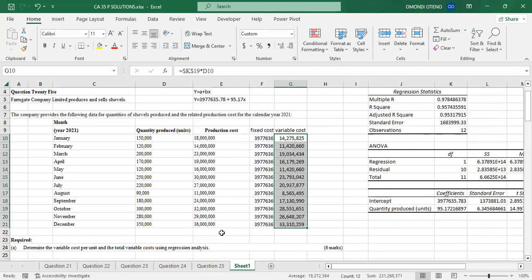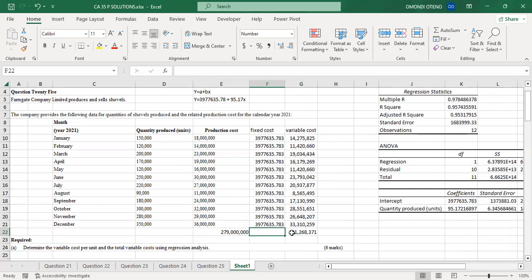So if you want to get the totals down here, I can also just go ahead and get it. I simply highlight this and say alt equal. So that is the total variable cost of producing these goods for the whole of that year.